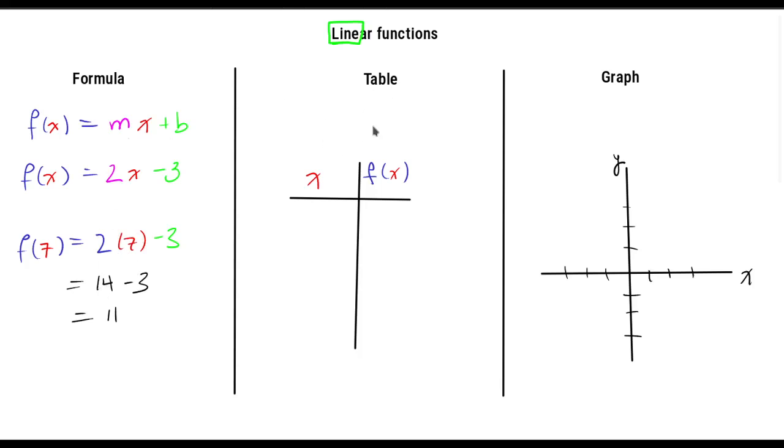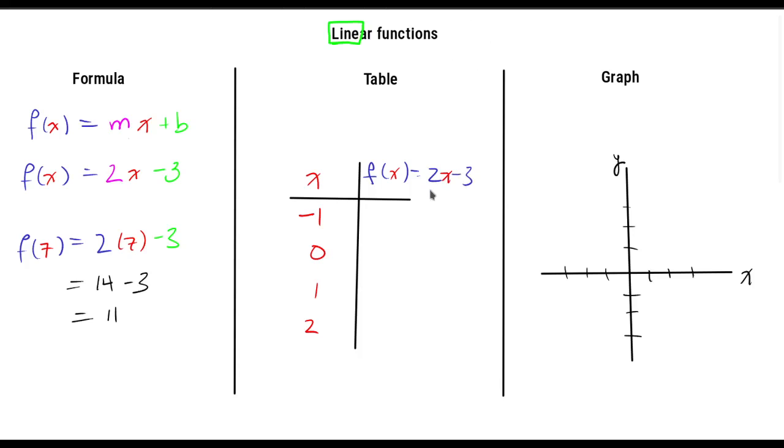Let's talk about tables for linear functions. So let's just evaluate a few different inputs here. Let's go negative 1, 0, 1, 2, and see if we notice anything. If we input negative 1, let's keep this same formula, 2x minus 3.